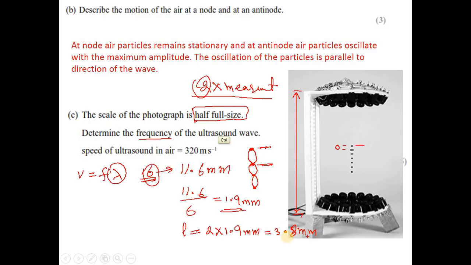So now I have the length of one loop, and we know that for one loop, from node to another node, this length in terms of wavelength is λ/2.